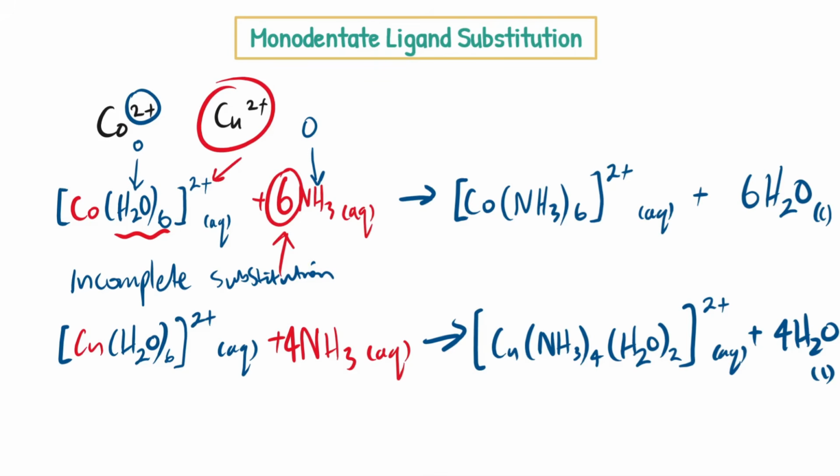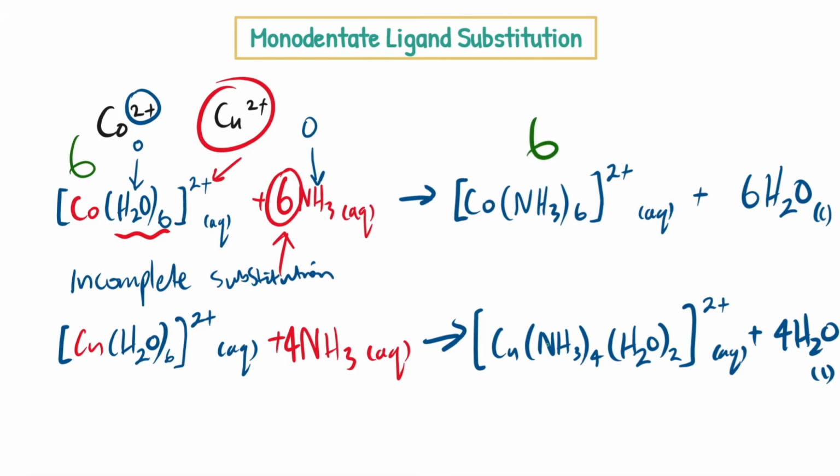It's really important that you understand with these neutral ligands, there is no change in coordination number. What is the coordination number of this starting hexaaqua complex? 6. There are 6 ligands. Each ligand forms 1 coordinate bond. So our total, 6 times 1, is 6. Over here, we have ammonia, but this is still only forming 1 coordinate bond per ligand. So we still have a coordination number of 6.